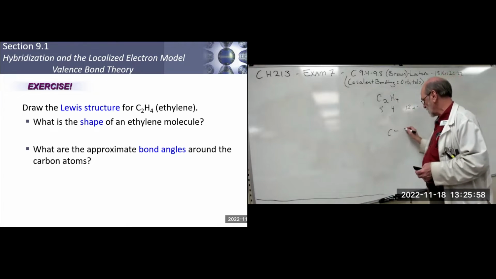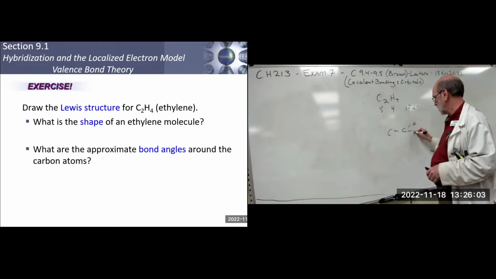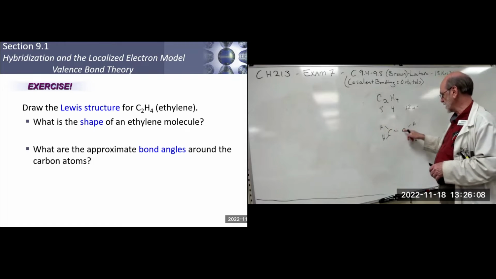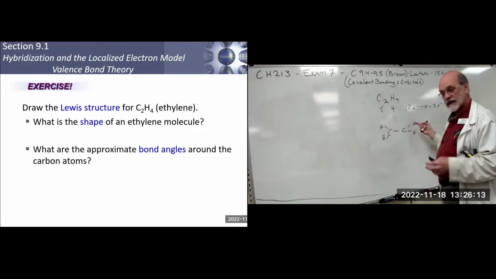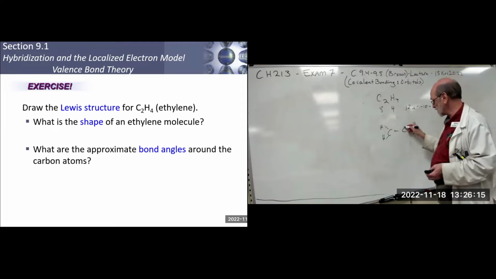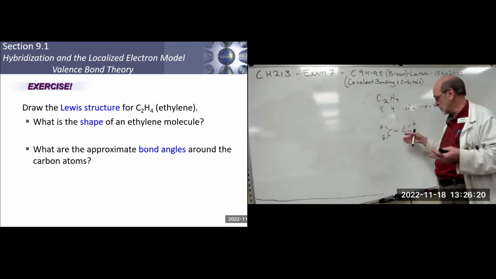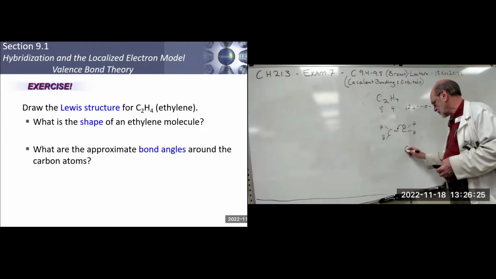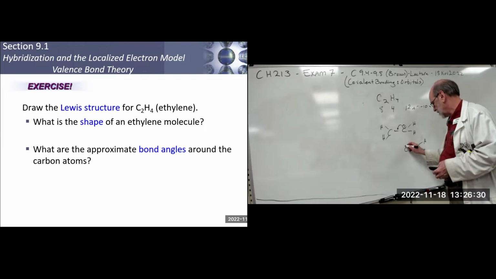So carbons go together, and then hydrogens, right? 2, 4, 6, 8, 10. 12 minus 10 equals 2 electrons. So hydrogen can't take any more, so we put the 2 electrons on that carbon. And now how do you make an octet for both of them? Well, you take that pair and make a double bond. So there's your Lewis structure.